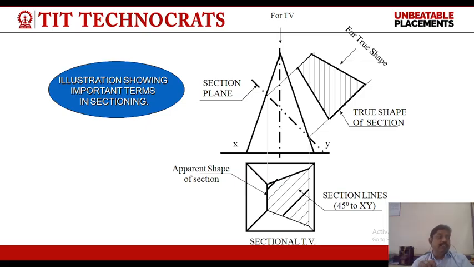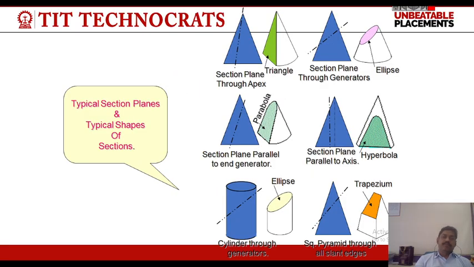The first condition is section plane parallel to the VP, section plane parallel to the HP, section plane perpendicular to the HP and inclined to the VP, section plane perpendicular to the VP and inclined to the HP. These are the conditions in which the section line or imaginary line can move for cutting the object.